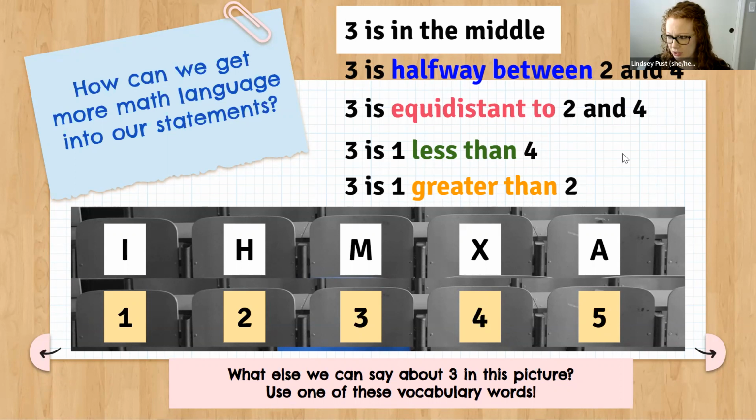I see some answers coming in. Three is 2 less than 5. Now we're going 2 less, two whole numbers less than 5. 3 is halfway between 1 and 5.